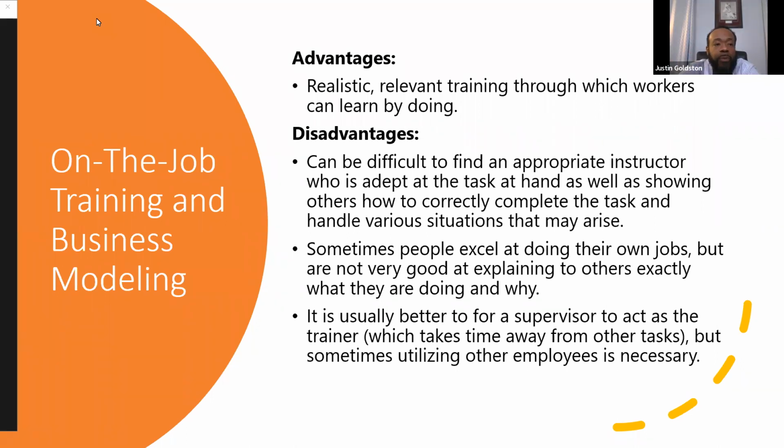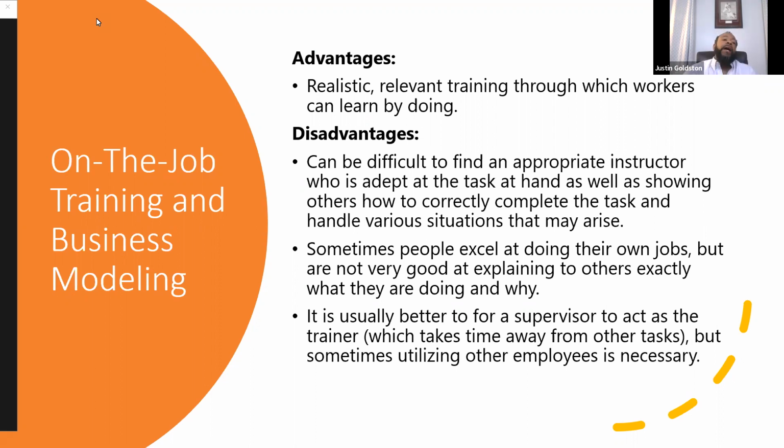Yes, they're great programmers, but in other cases, it's very difficult for them to explain what they do because they've done it for so long and they excel at it. It's very difficult to break it down. It's very difficult for them to describe it. So that's another disadvantage of on the job training.